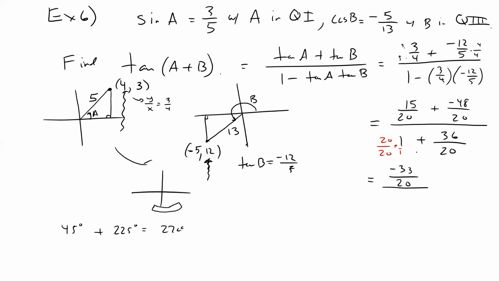On the bottom, I have 20 as my common denominator, 56. Then change division into multiplication by taking the reciprocal. The 20s cancel, and I'm left with -33 over 56.